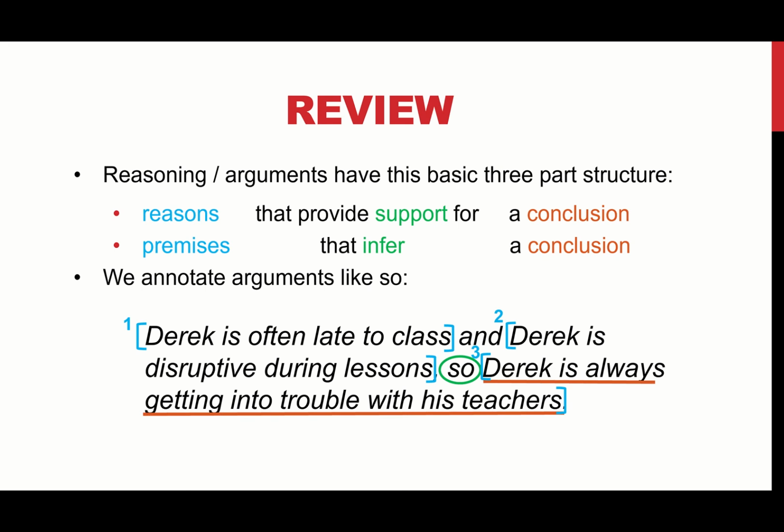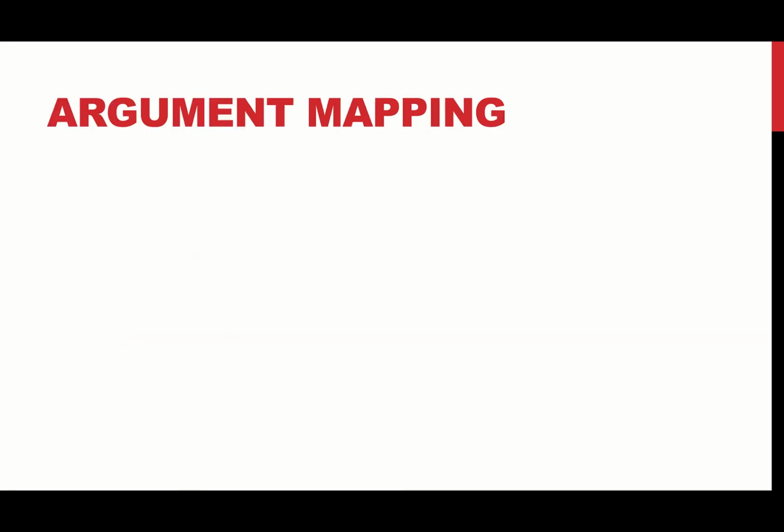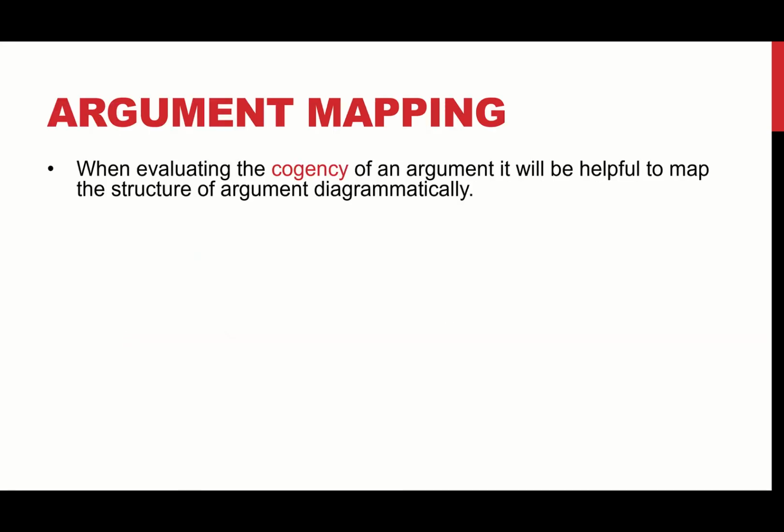And we did a bit of argument evaluation as well. But we never really used these numbers. They will become pretty important for argument mapping. So when we come to evaluate arguments, argument maps become just really, really helpful.